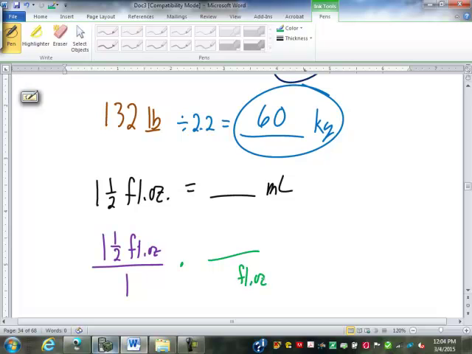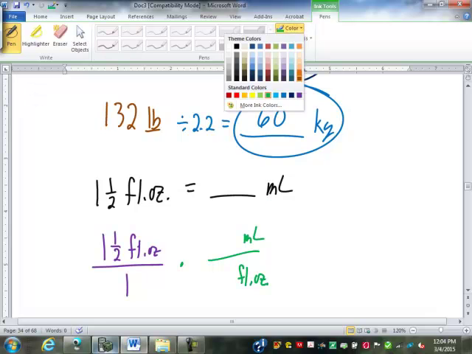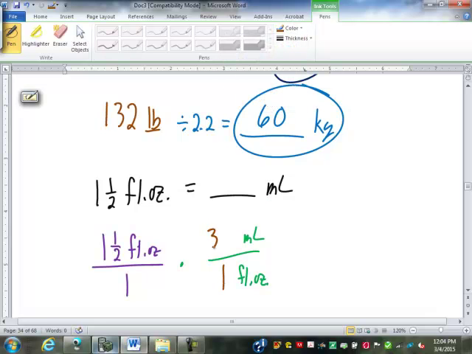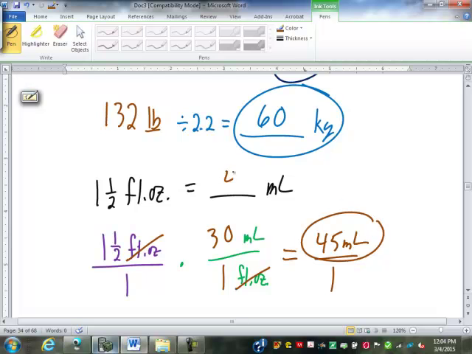We're going to put fluid ounces on bottom, milliliters on top. And we know that 1 fluid ounce is 30 milliliters. Now the fluid ounces will cross cancel. 1.5 times 30 milliliters is 45 milliliters. 1 times 1 is 1. So since that's over 1, that's just going to be 45 milliliters.